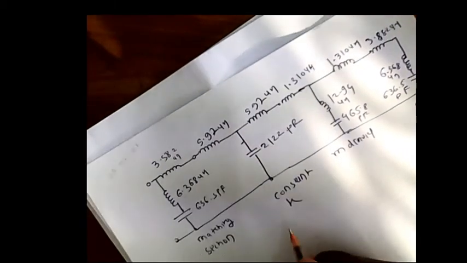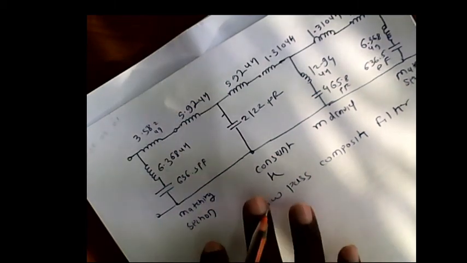So this is a low pass composite filter. Here, the implementation of this low pass composite filter uses the matching, constant K and M derived, and again the matching section in 4 stages, as already explained. In the composite filter circuit shown in this figure, the series pair inductor sections have been combined.